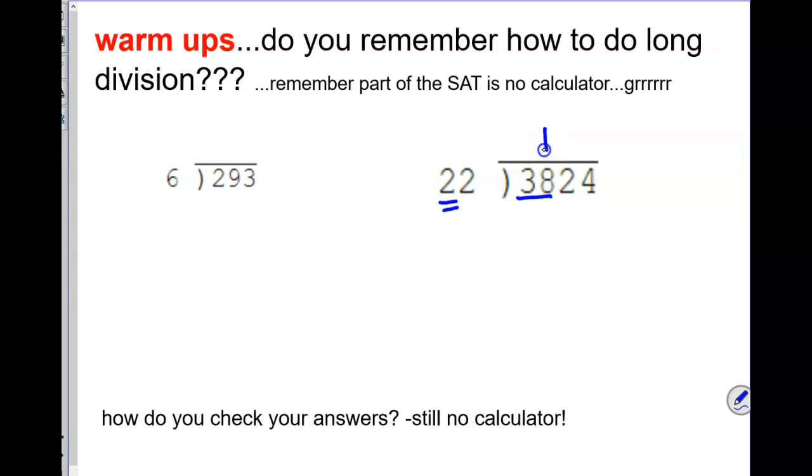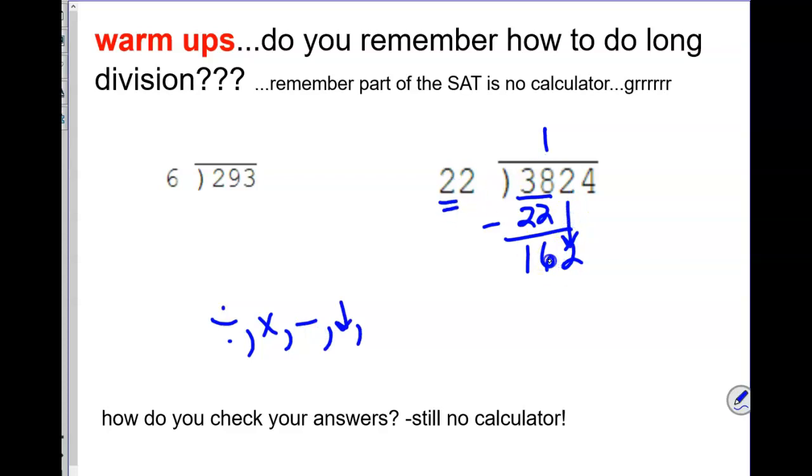And the next step was to multiply first, right? 22 times 1. Then subtract. Then bring down. So we divided in our head kind of to estimate. Then we multiplied. Then we subtracted. And then we brought something down.